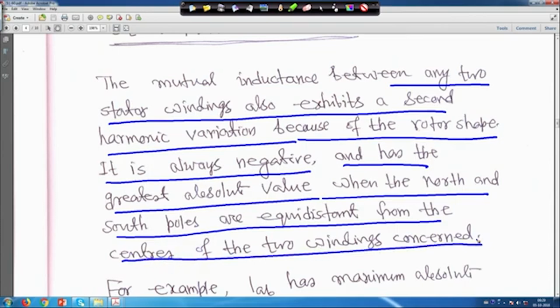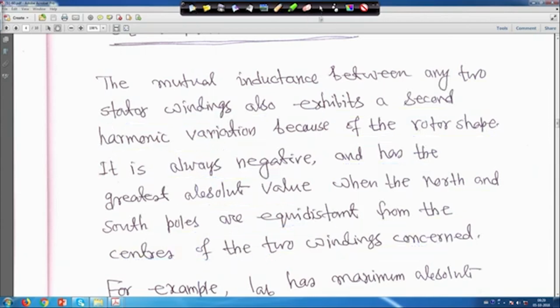So the mutual inductance between any two stator windings, that is between phase A and B, B and C, or C and A, exhibits second harmonic variation because of the rotor shape.